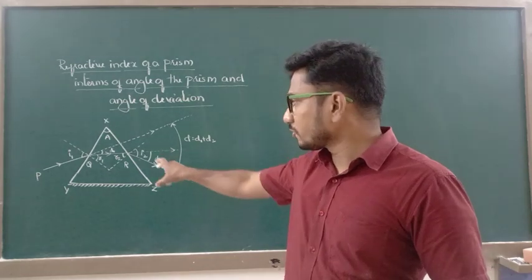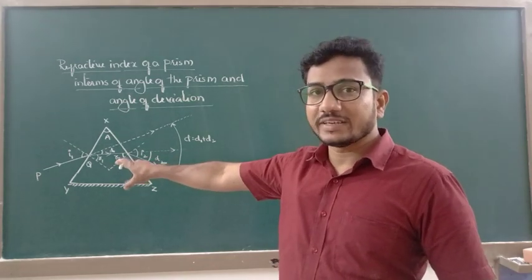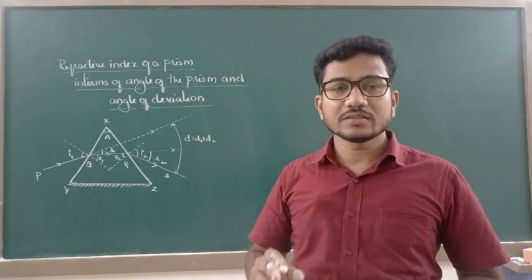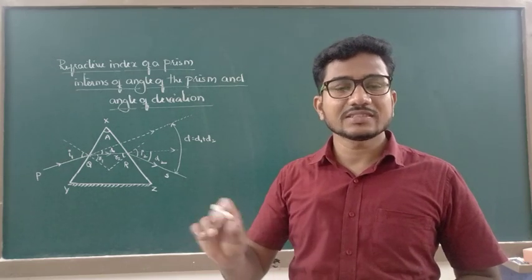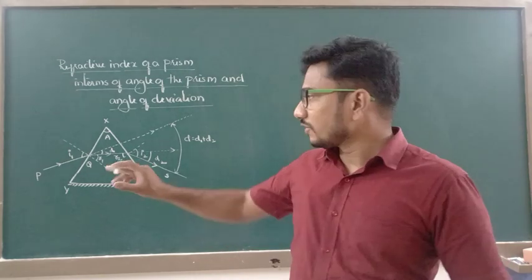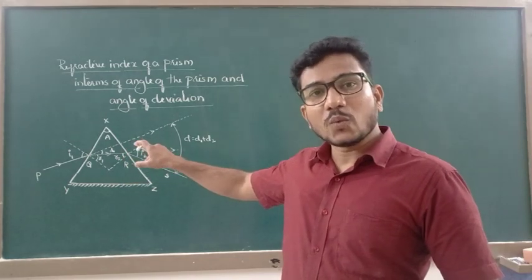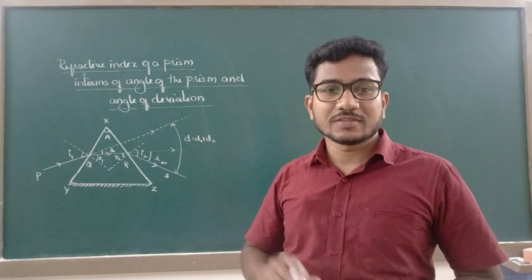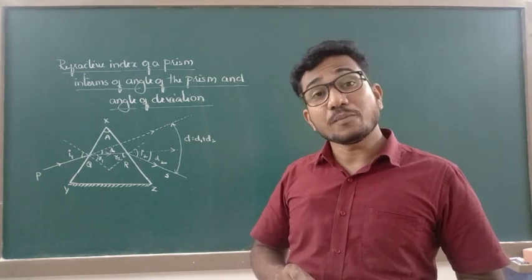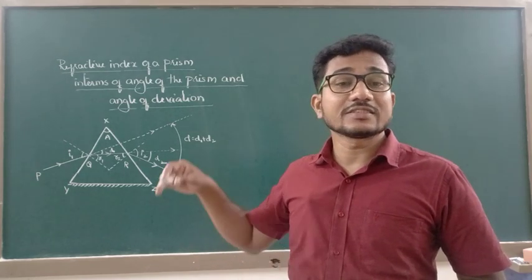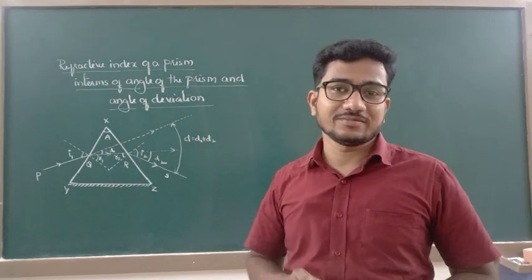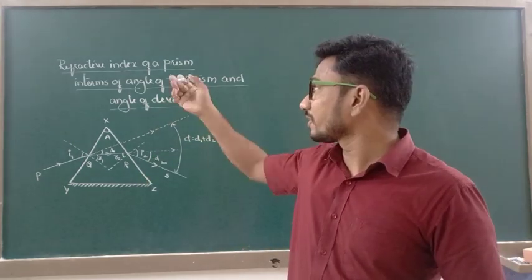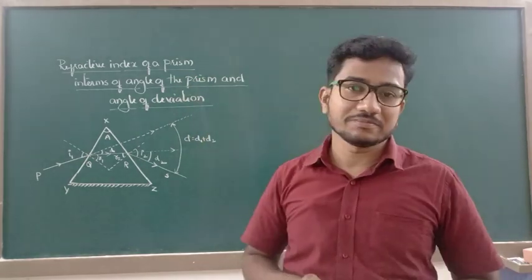For that reason, I am going to consider monochromatic light. So monochromatic means single wavelength, single frequency or single color. One incident light ray, one refracted light ray, one emergent light ray. If you are going to consider composite light, then we will get 7 refracted light rays. Then it is quite difficult to derive the expression for a refractive index of a prism.